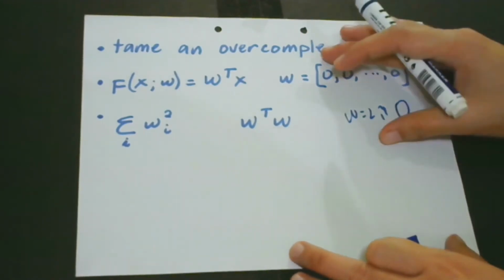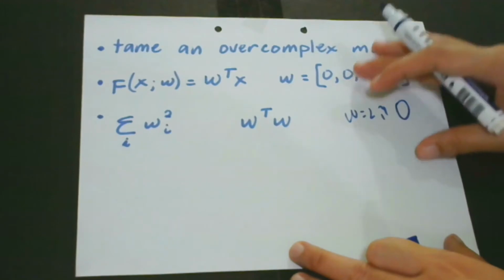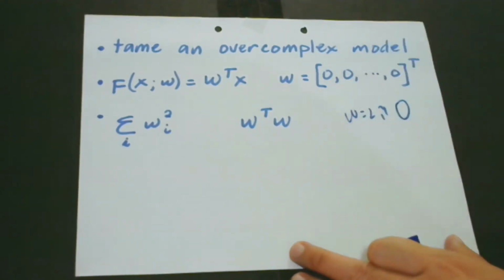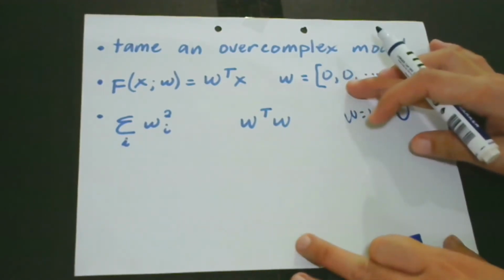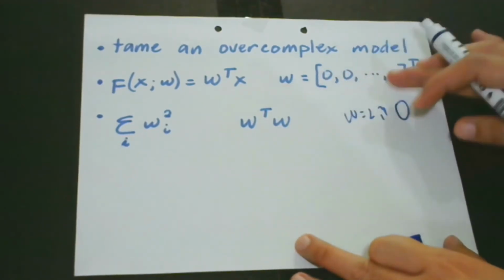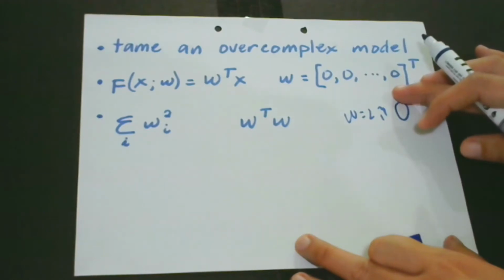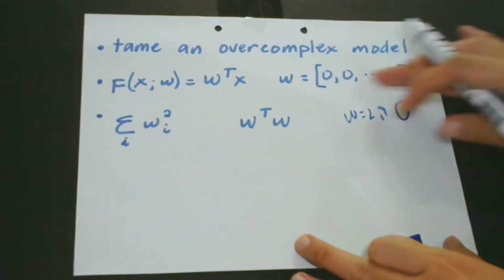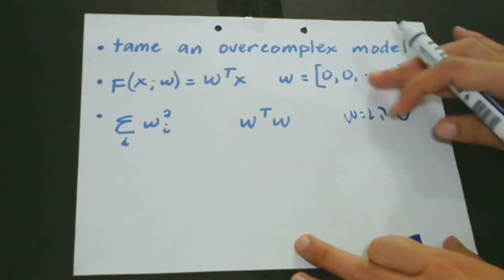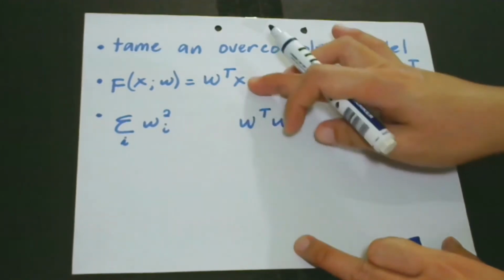And this, in essence, makes our model more complicated. Why is it that it makes our model more complicated? The reason is that we have a lot of values of w that we have to consider, and because of that, we have to deal with them individually with respect to x.